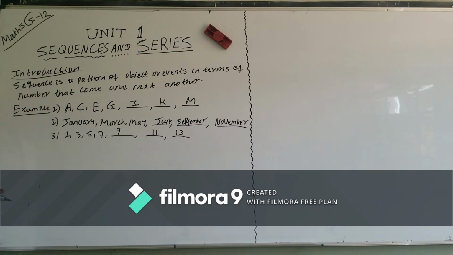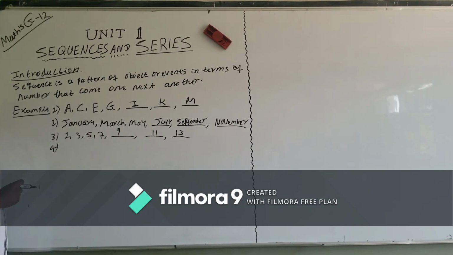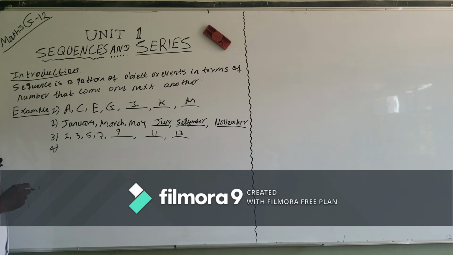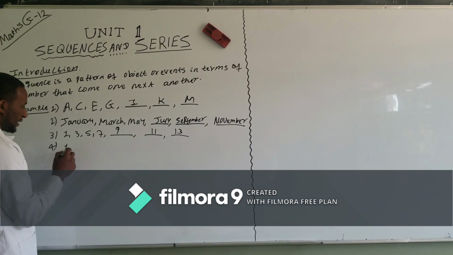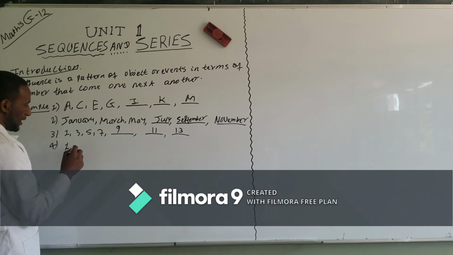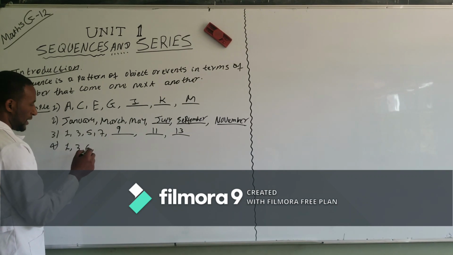But sometimes the common difference of the sequence is not constant. For example, we can say 1, 3, 6, and so on.